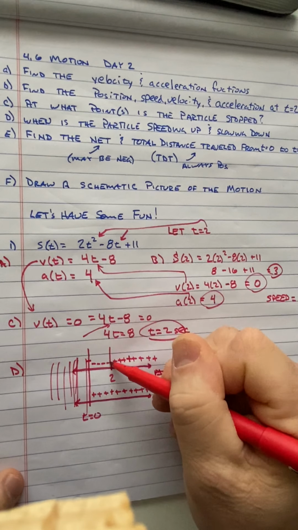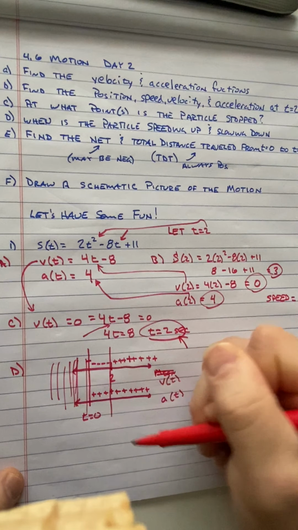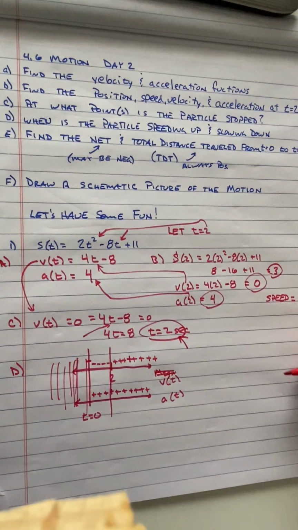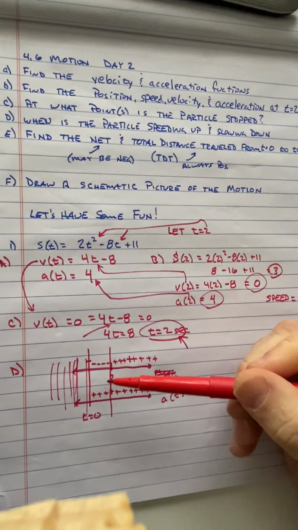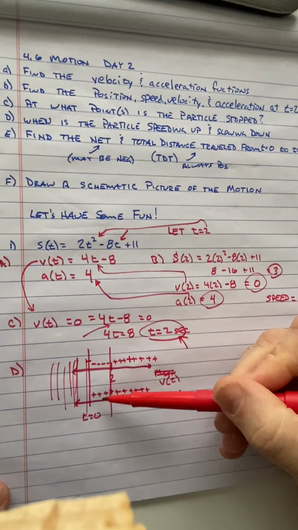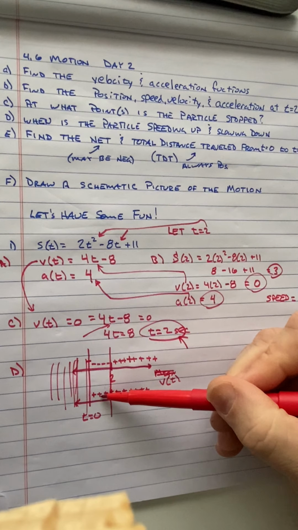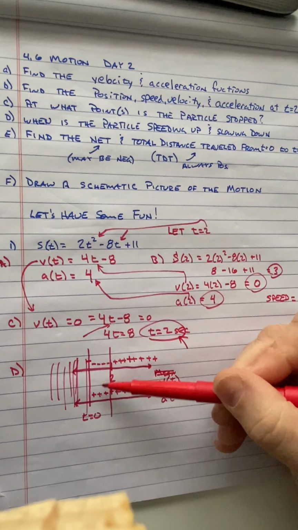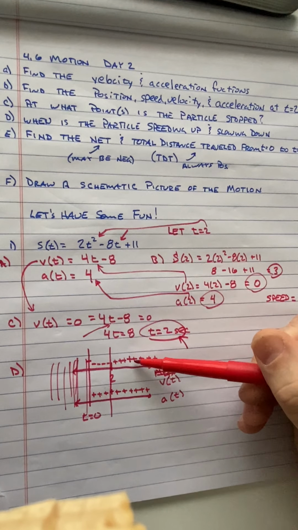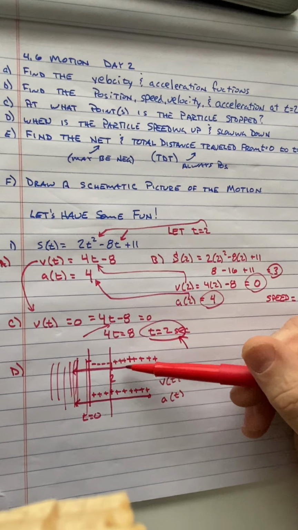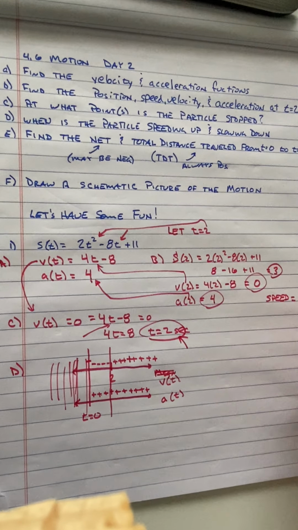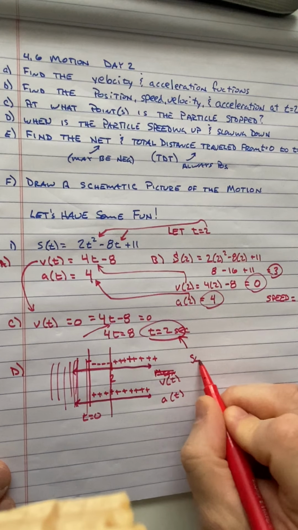I put a vertical line through each one of the critical values, and now I can make my determination. The velocity is negative here, and the acceleration is positive. They have opposite signs, so the particle is slowing down. Positive velocity, positive acceleration. On that interval, it is speeding up. So where is this sucker slowing down?